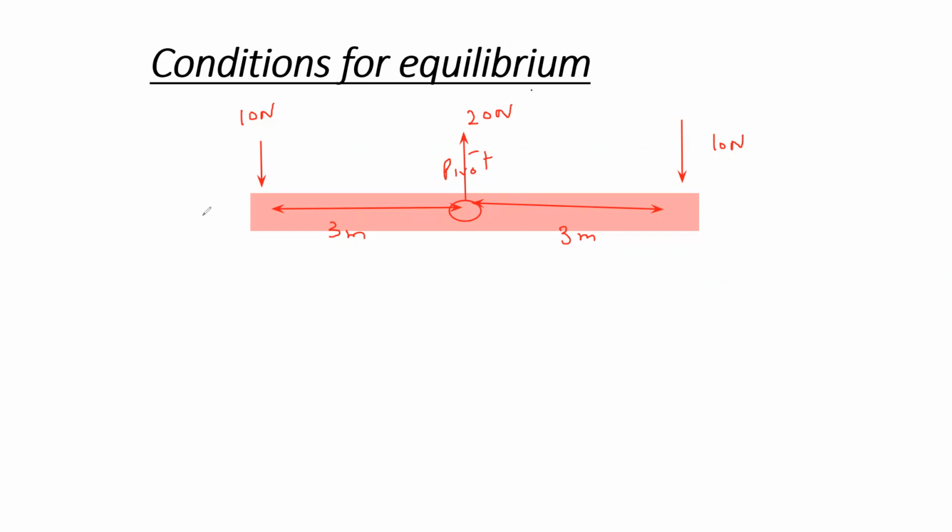The 10 newton force from the left hand side, in which direction will it cause a moment, clockwise or anti-clockwise? Anti-clockwise. And what is the total moment produced by this force? 10 is the force and the distance is 3, so 10 multiplied by 3 is equal to 30 newton meter anti-clockwise.